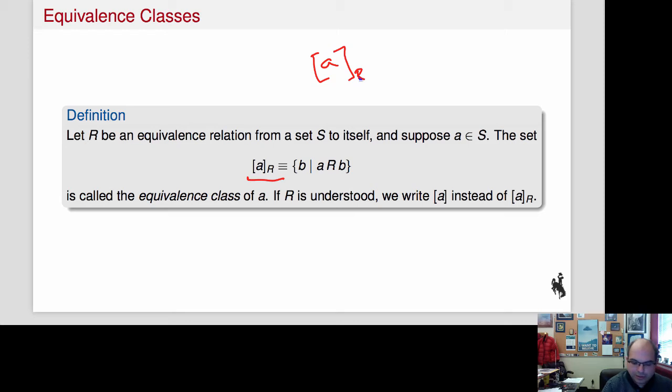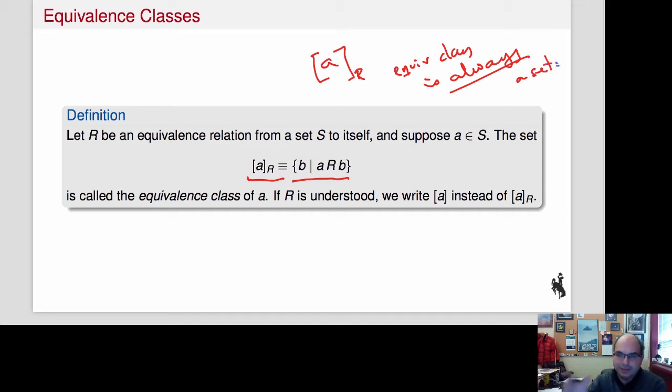The definition of this is simply all B such that A is related to B. This is just the definition of an equivalence class. One thing I want you to know is that an equivalence class is always a set, because it is the set of all things that are equivalent to some element like A.